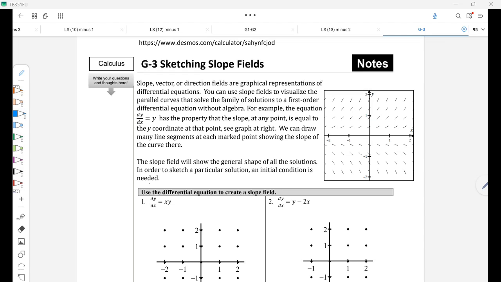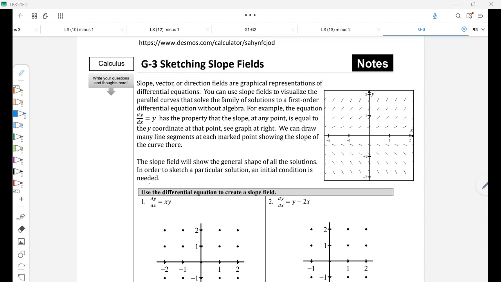So one of the ways to visualize what's going on with the differential equation is to make what we call a slope field. What I have here in this very first example is the simplest equation you could think of, dy/dx equals y. What that means is that for any point, for any value of x and y in your relationship, you can find the slope of the tangent line, and it is just the y coordinate.